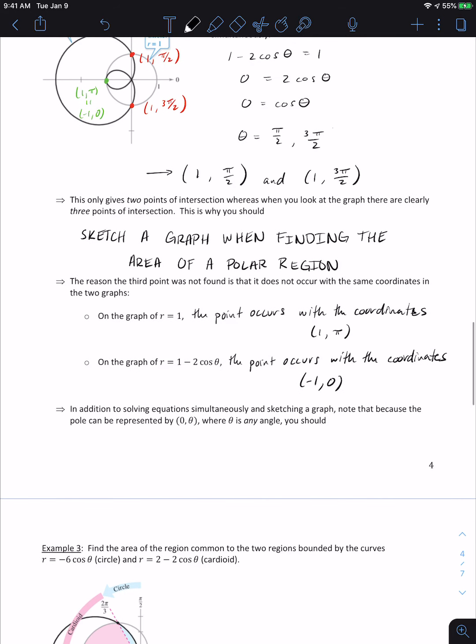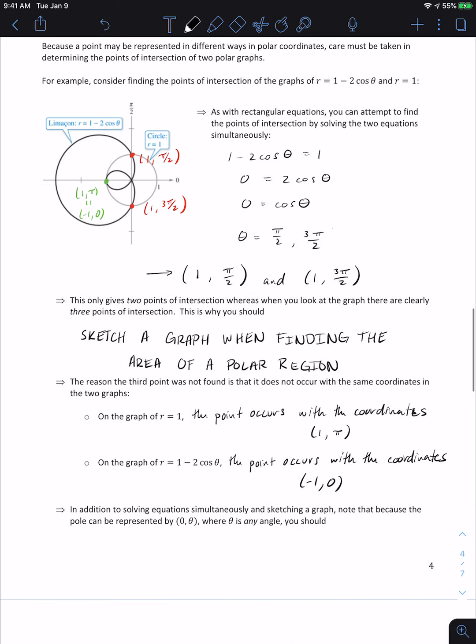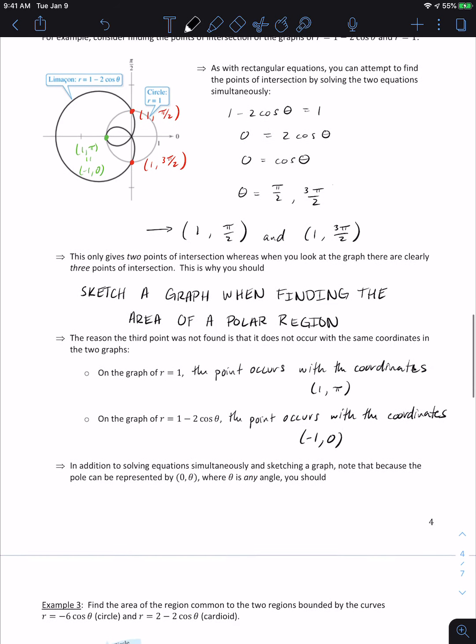And that's because we've got that strange little loop going on in the limacon. So basically, when you're finding these points of intersection, you just have to be really careful that you don't miss any. In addition to solving equations simultaneously and sketching the graph like we did to find all three of these, note that because the pole can be represented by 0, theta, where theta is any angle, you should check separately for the pole when finding points of intersection.